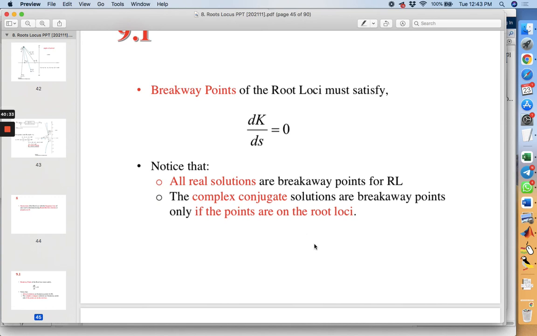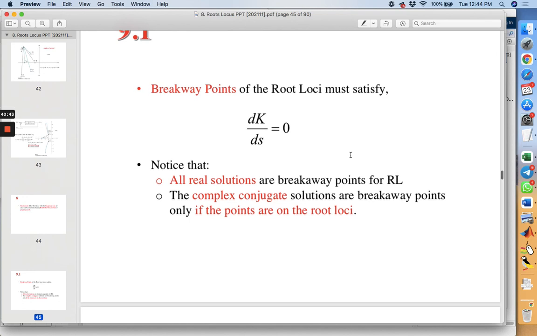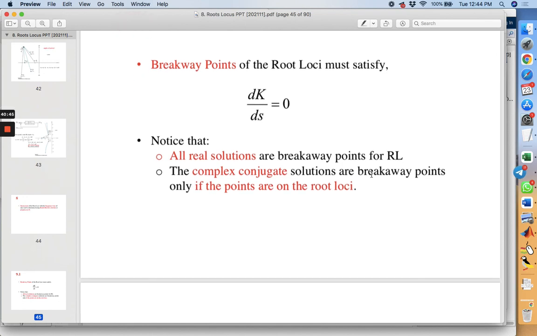And when we find the breakaway points, we might find a few of them, especially if it is a higher order polynomial. All real solutions are breakaway points for the root locus.